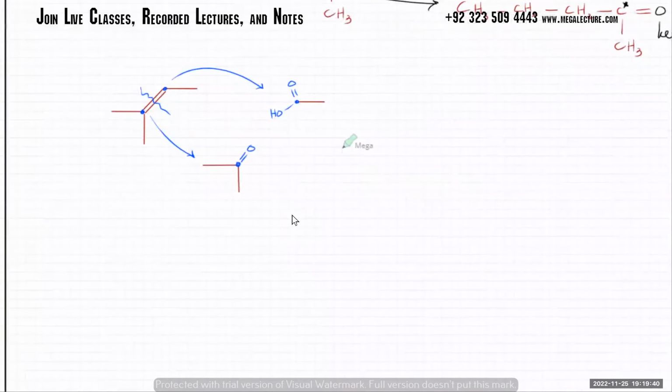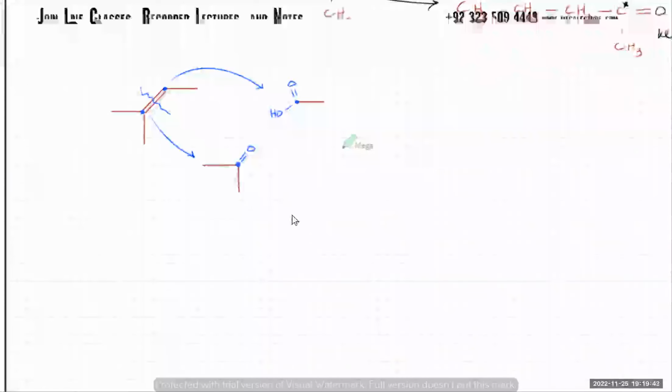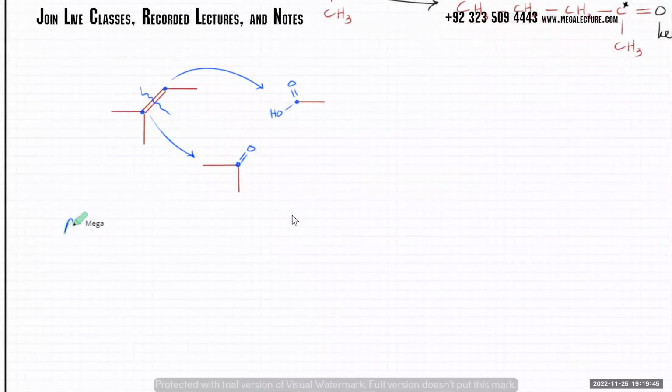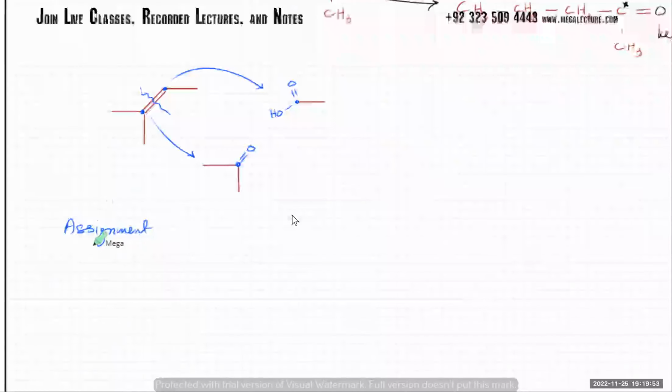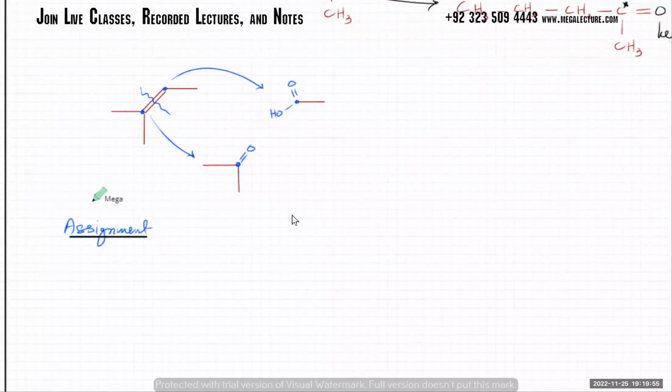So the assignment is कि अच्छा, so number one, strong and mild oxidation both, right? So 2,3-dimethyl pent... Try doing the oxidation.